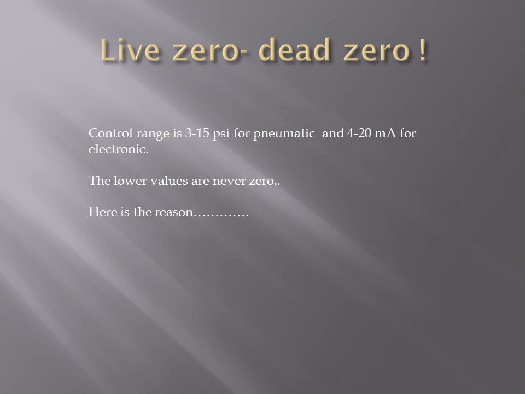It is very interesting to note that the minimum value for the control signal is never 0. In the pneumatic system it is 3 to 15 psi, and in the electronic system it is 4 to 20 milliamps. So you will find that the datum or the minimum is never 0; it is slightly raised up.